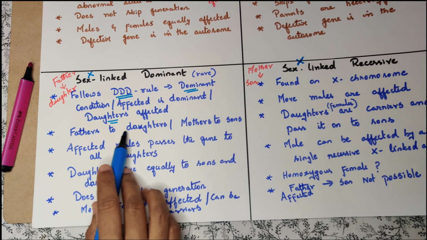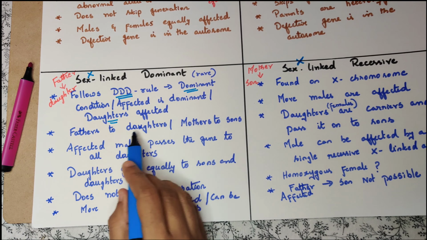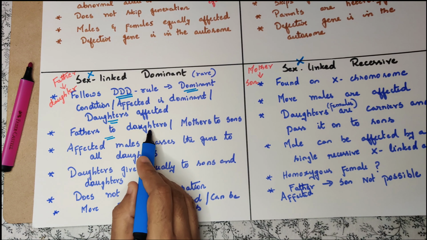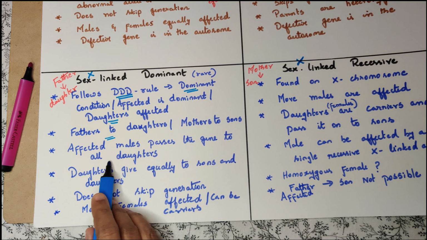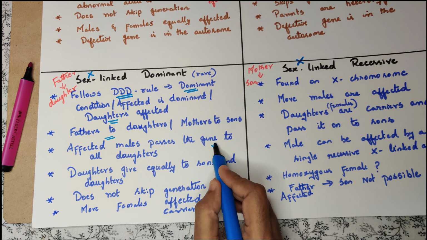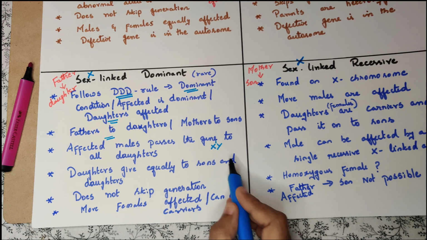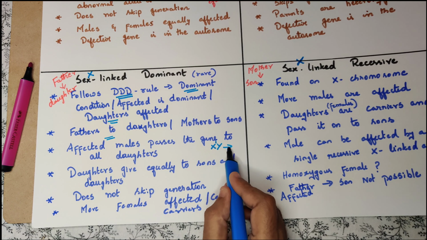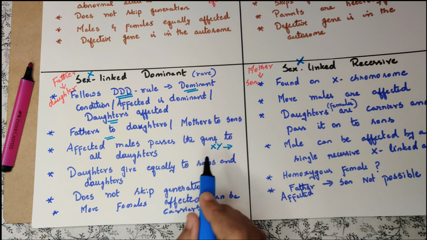So generally it is fathers to daughters or mothers to son. When you compare these two, fathers to daughters are more. Affected males will pass the gene to all daughters. Why? Because the father has got only one X gene, and if that X gene is affected, definitely all the offspring they produce who will be females, all will be affected.